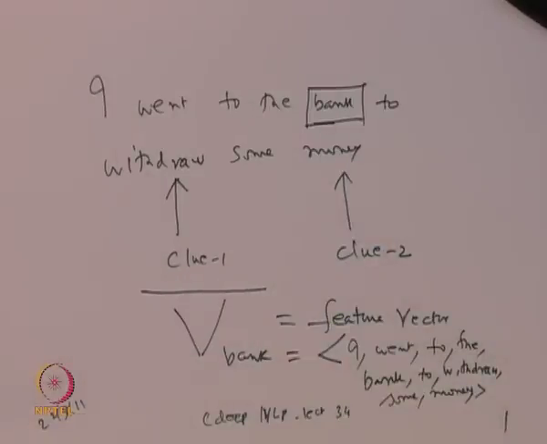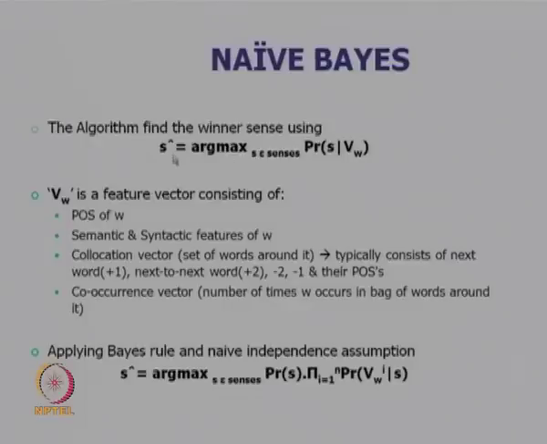All right. So, proceeding with the slide now, S hat is argmax over S belonging to senses of W, probability of the sense given V_W. So, V_W is a feature vector consisting of part of speech of W, whether W is a noun or verb or adjective or adverb and so on.